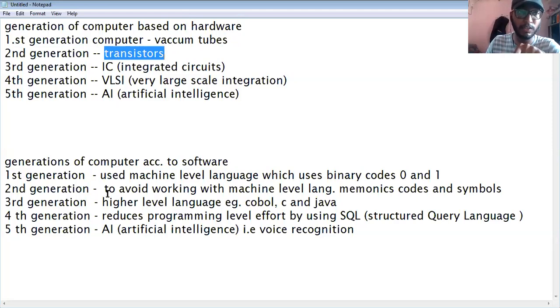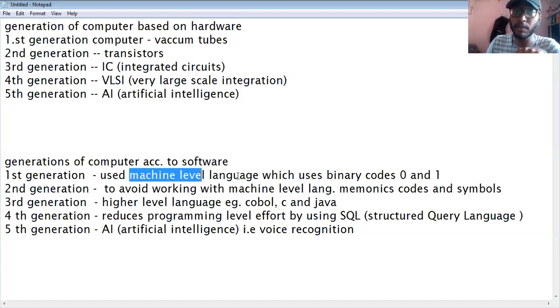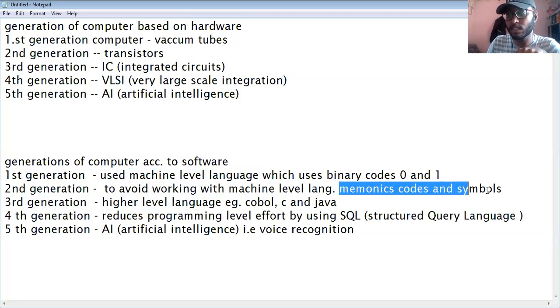According to software, they started using mnemonic codes and symbols, for avoiding machine level language.